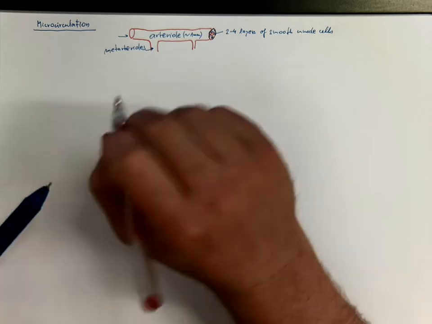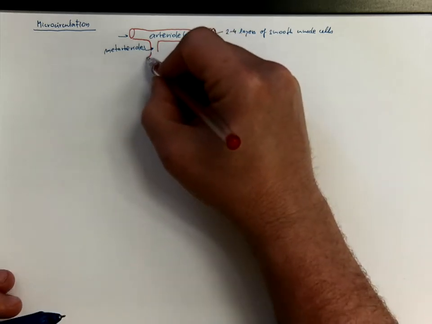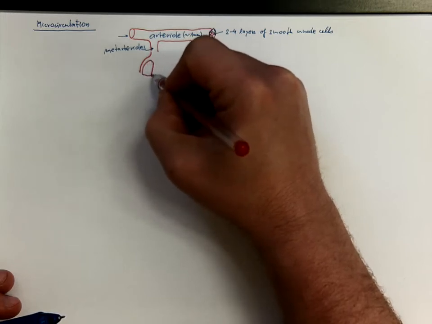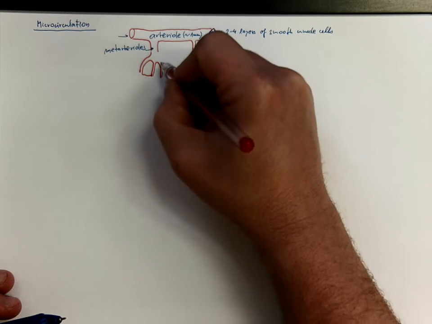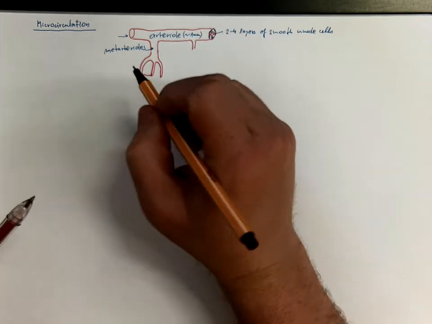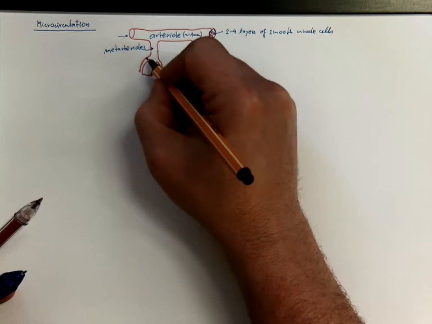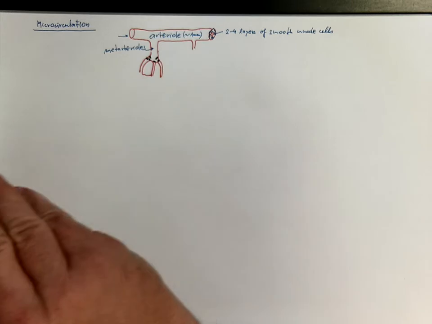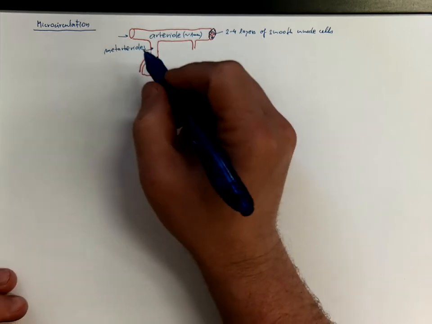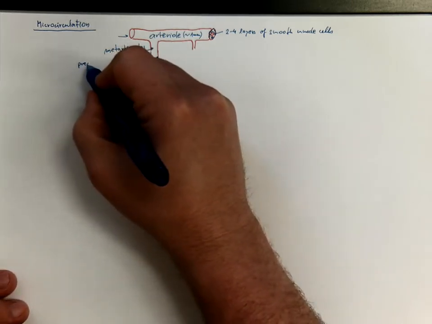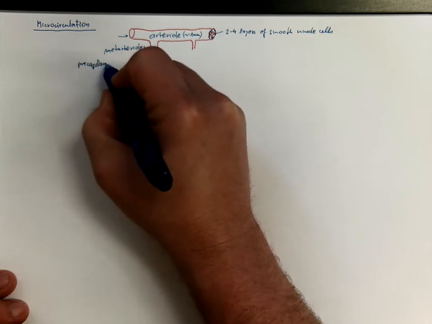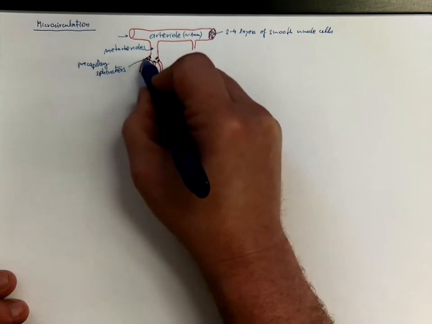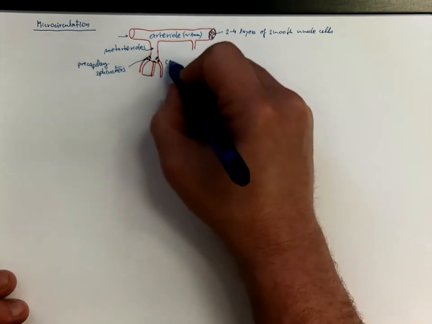And before the metarterioles split into capillaries, they are spiral accumulations of vascular smooth muscle cells, or cells called pericytes, that form precapillary sphincters that can close or open the capillaries.